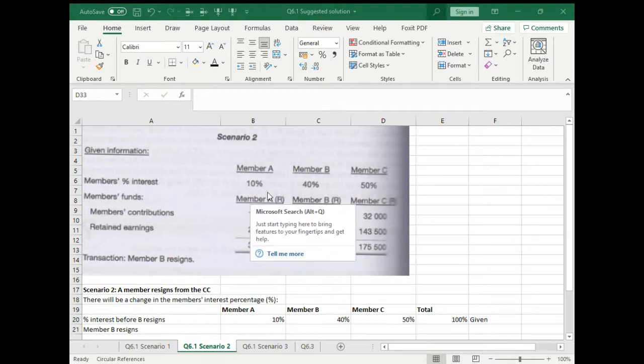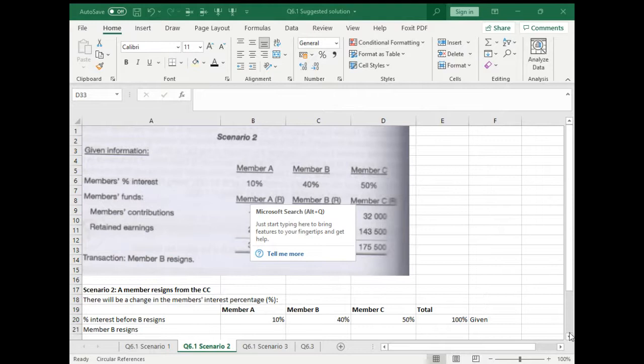We will then say, okay, 10% of the remaining 60%, so it's the 10 plus the 50 is 60, will then be apportioned. The 40,000 will then be apportioned based on their current weighting, and that will then be the additional percentage you add to their interest holding.